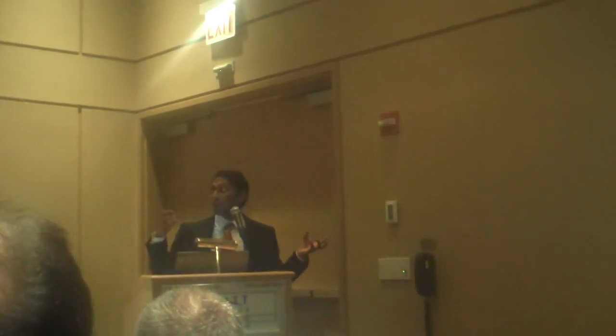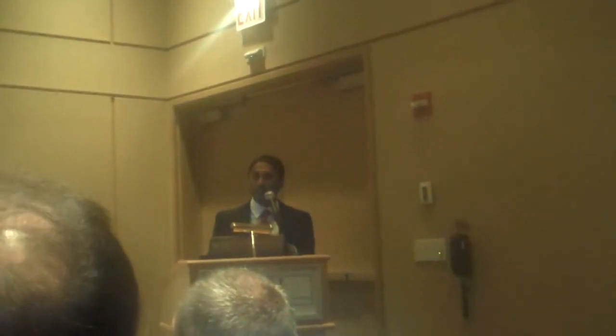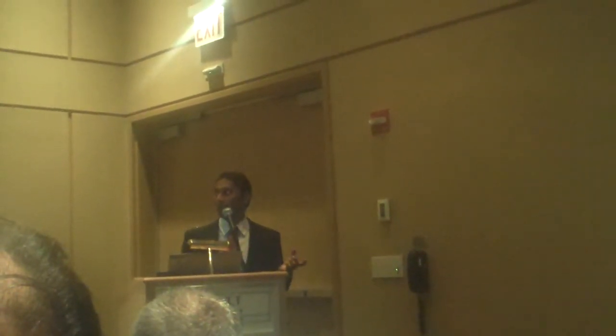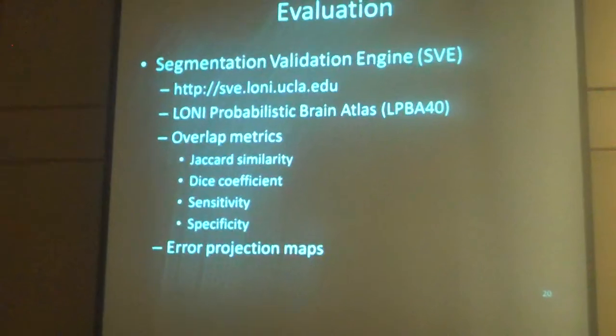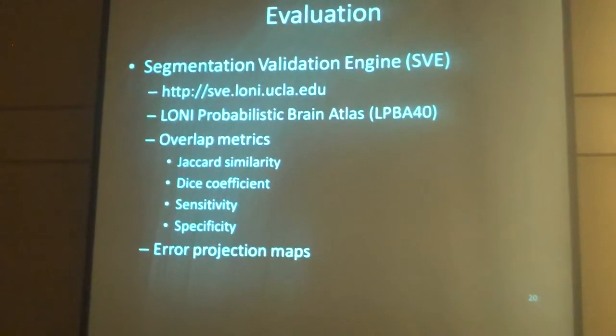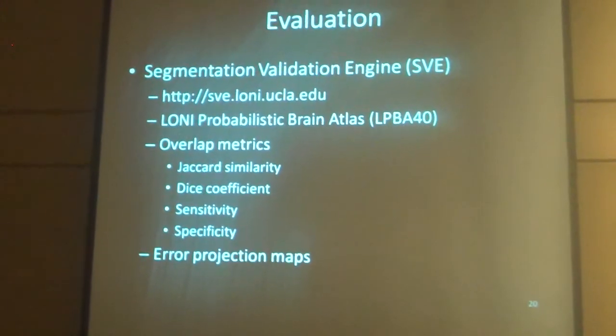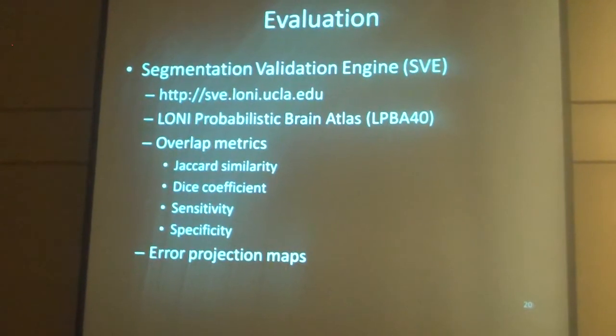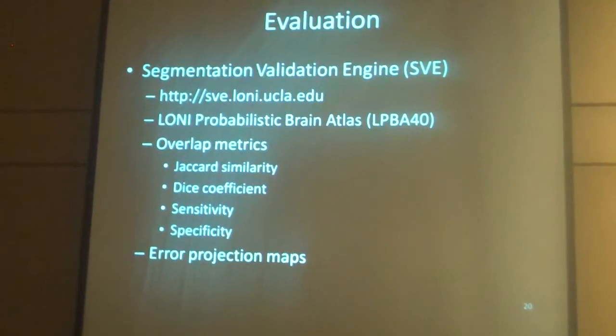You segment them using whatever algorithm you choose and upload the results. The online tool will compare your results to manual tracings of those images. We use the manual tracings as a gold standard. It uses 4 overlap metrics and error projection maps to quantify how your automated results differ from the manual segmentations. This allows you to compare your method with algorithms all over the world.